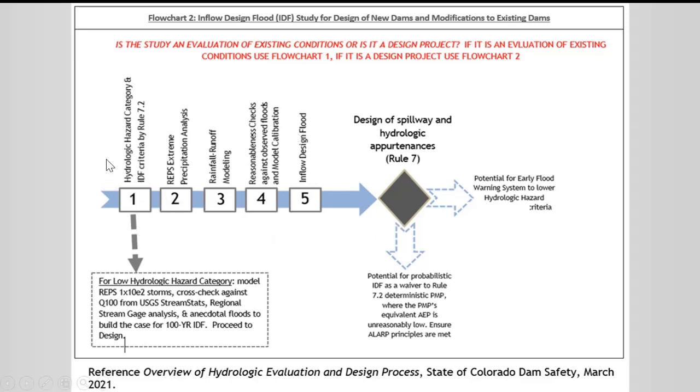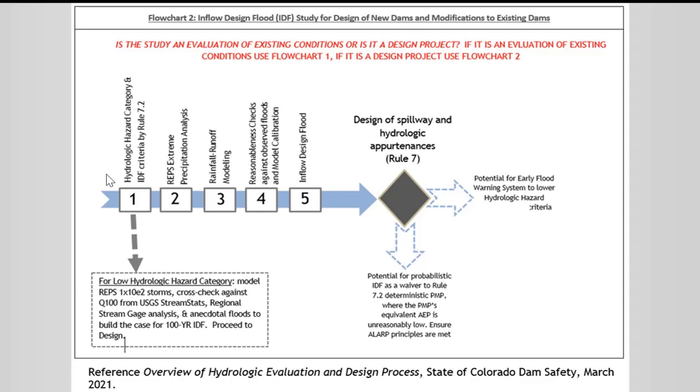Now, first one, it's all still based on consequences from hydrologic dam failure. But in this case, we use our hydrologic hazard analysis guidelines, Reclamation's RSEM method, to estimate life loss consequences, or we can also determine non-life loss consequences at the same time, and then we group those into a hydrologic hazard category for the purpose of determining the IDF criteria.